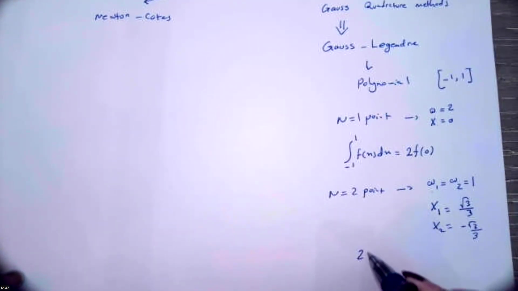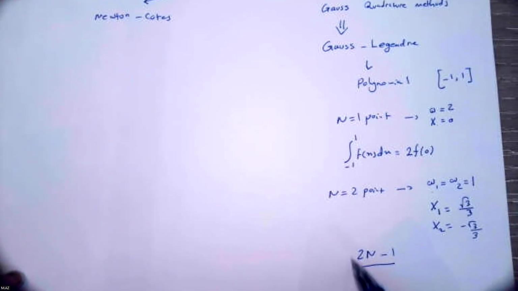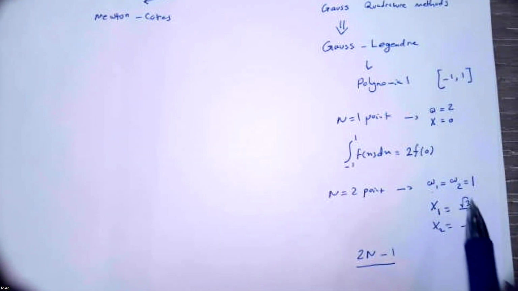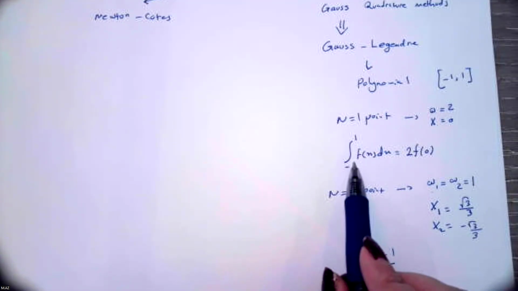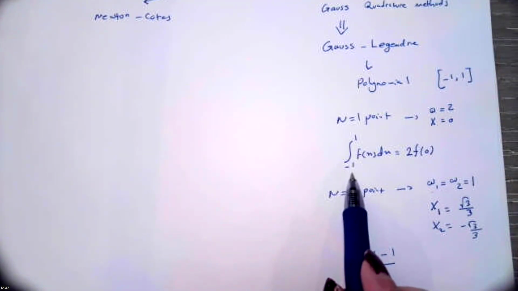Based on this equation, 2n minus 1, if our function is a polynomial function, we can find the exact answer of the integral with polynomials of order 2n minus 1 and below. But as you can see, these equations are for an integral from -1 to 1.